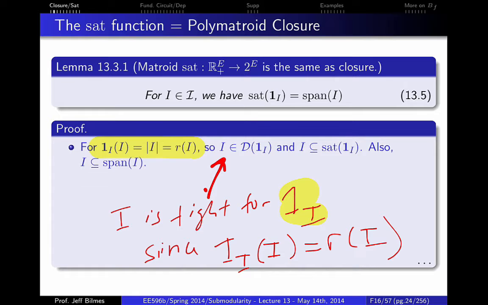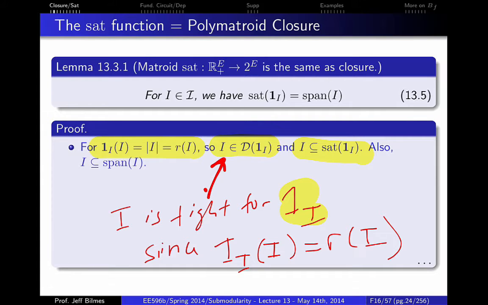This is a perfectly valid vector, just like X is a valid vector. And in order to be tight, we need to say X of A is equal to F of A. In this particular case, F is equal to R, and the vector is 1 sub I, and so 1 sub I of I is equal to R of I, which means that I is tight for 1 sub I. And so that basically means that I is a member of the set of tight sets of 1 sub I. And moreover, since SAT is the biggest one, that means that I must be a subset of SAT, because SAT is the union of all such sets that are tight for 1 sub I. Okay.